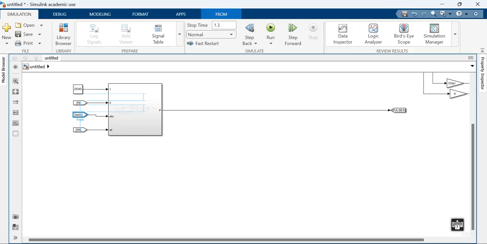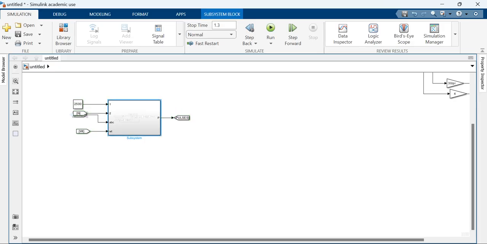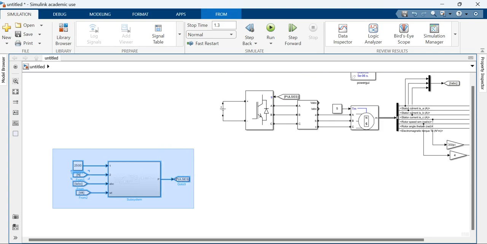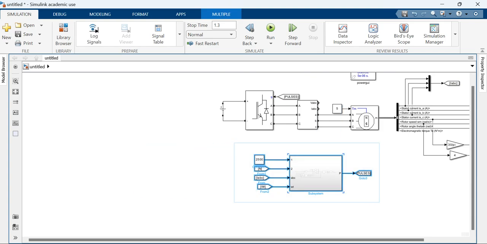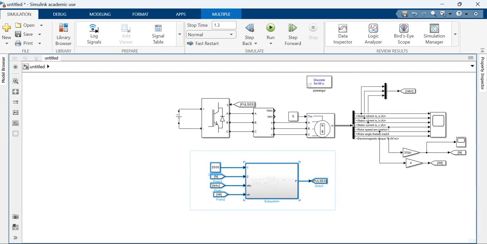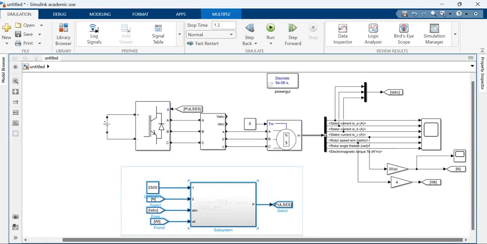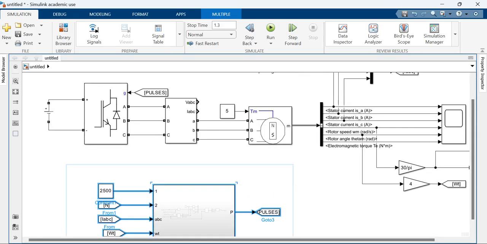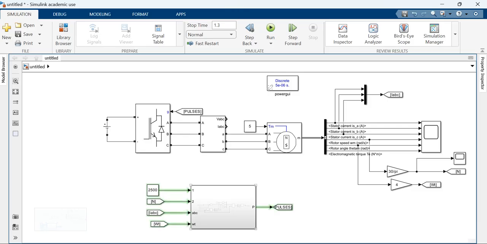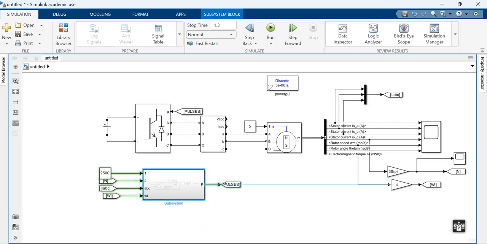This is the current IABC and this is the angle and this is supposed to be the pulses for the inverter. So let me have all these points here and put it somewhere here so that my simulation will be looking in the maximized size. I can still reduce this size, keep it somewhere here for better understanding of the controller.